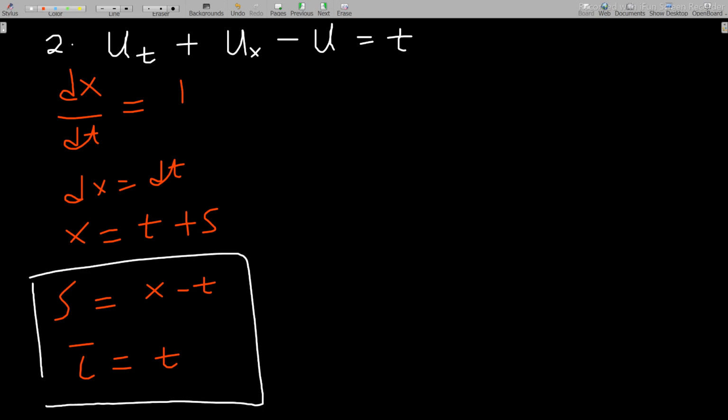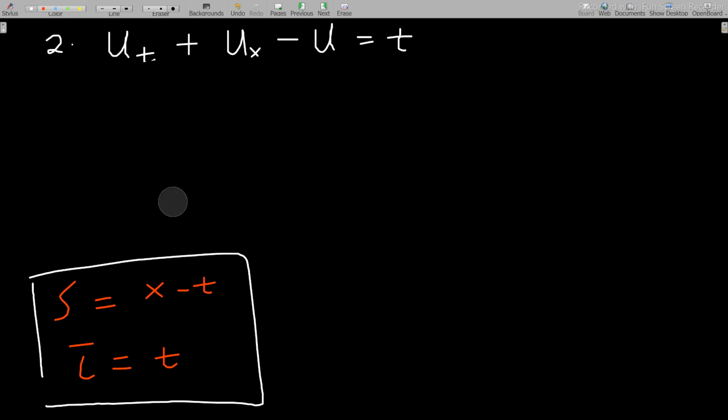Okay, now let's look at our u_t and our u_x. So what is our u_t and our u_x? u_t here is equal to the differential of this with respect to t.